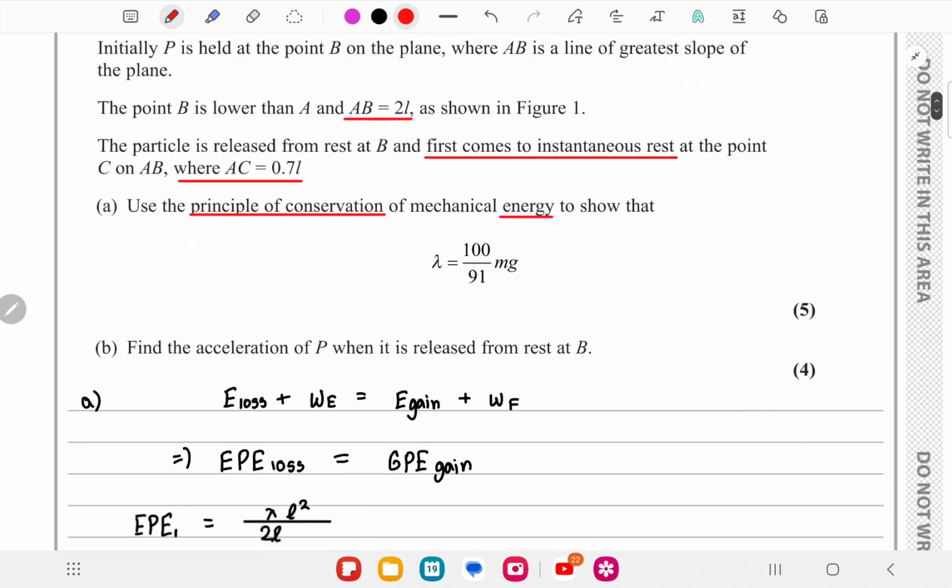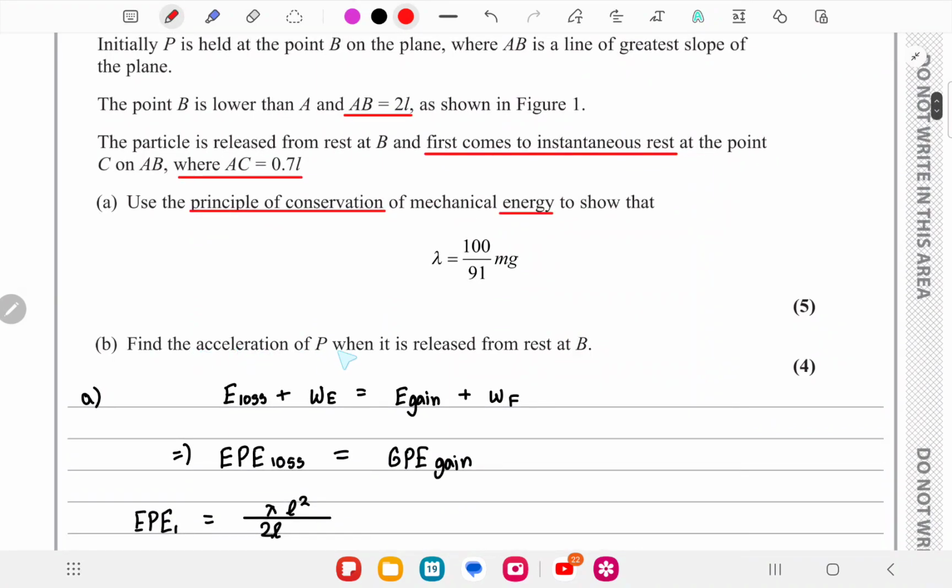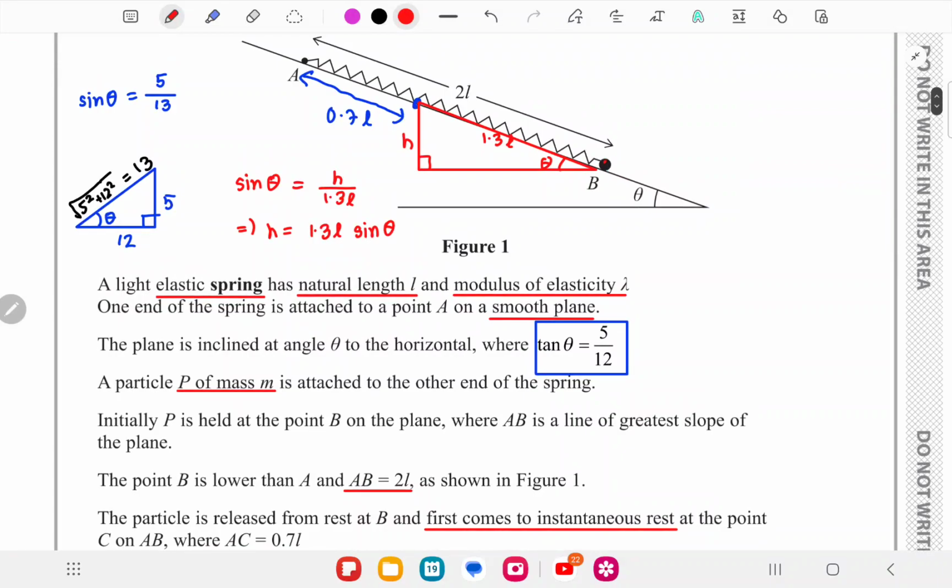Now in question B, we are told to find the acceleration of P when it is released from rest at B. So at the moment it was released, we need to find its acceleration. In this case, we will consider the forces. The unbalanced force would be, in this direction you'll have tension, and in this direction you'll have mg sine theta, the component of weight parallel to the ramp.